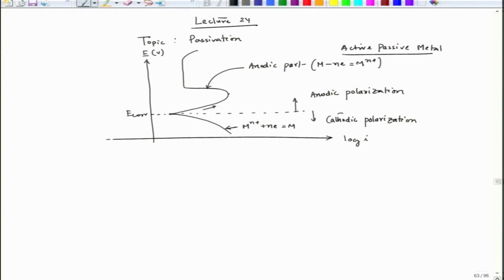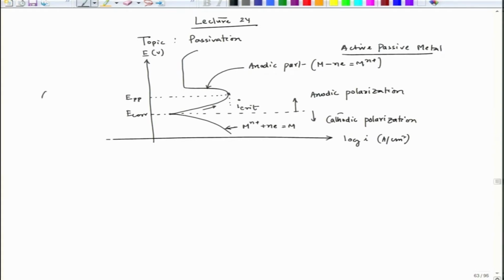Now, it reaches a maximum I value. This is in the log I plot, with small i as the current density, in ampere per centimeter square. This maximum position is I critical, simply written as i crit. This is the I critical position, and the corresponding potential we call E PP.